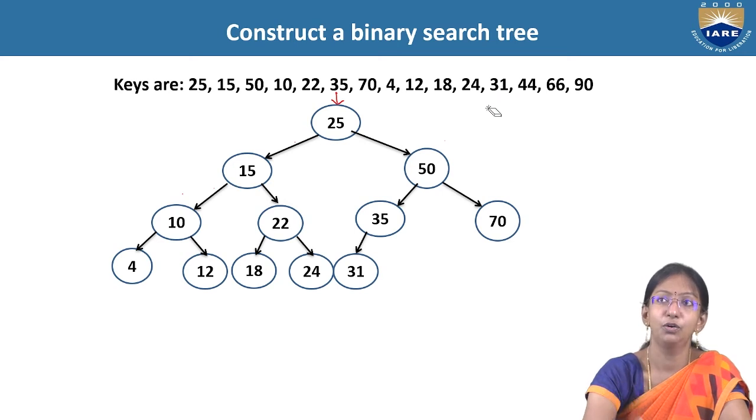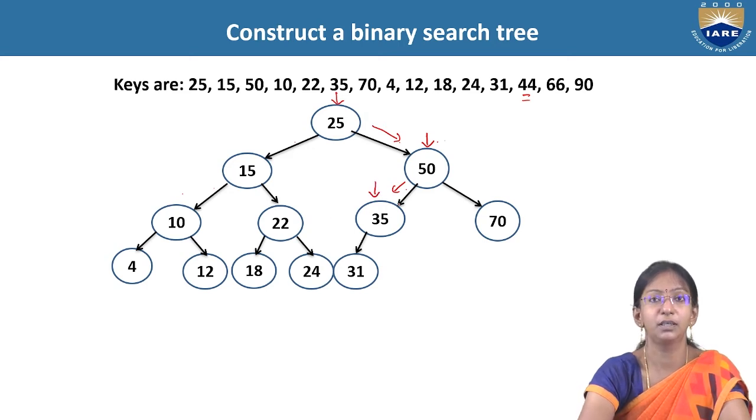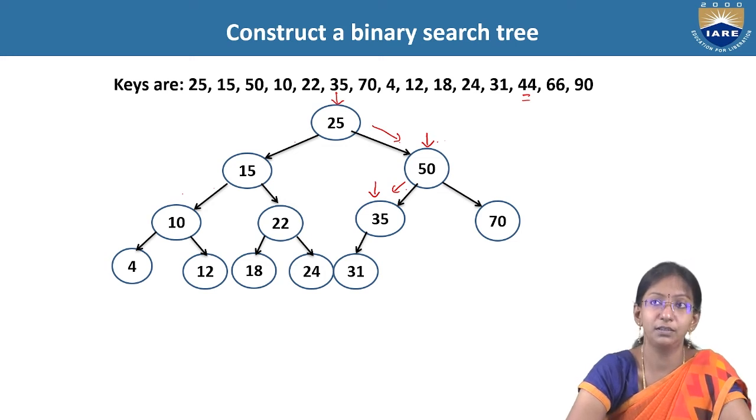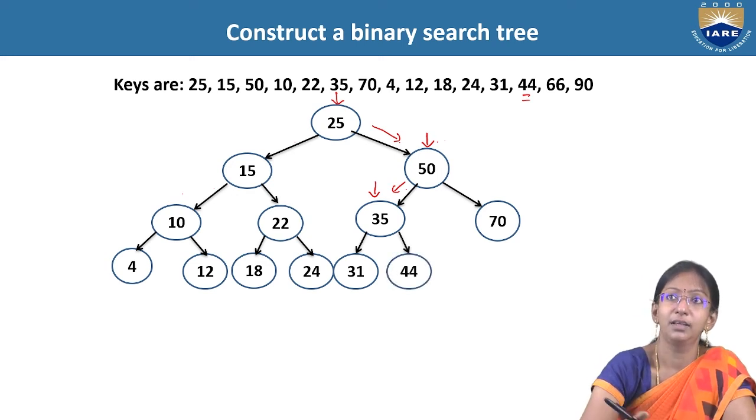Next element is 44. Compare 44 with 25. As it is greater, travel towards right. Compare it with 50, lesser, towards left. Compare it with 35, greater, travel towards the right. But as there is no right child for 35, introduce 44 as the new right child. Okay, nice. Job done with 44, guys.